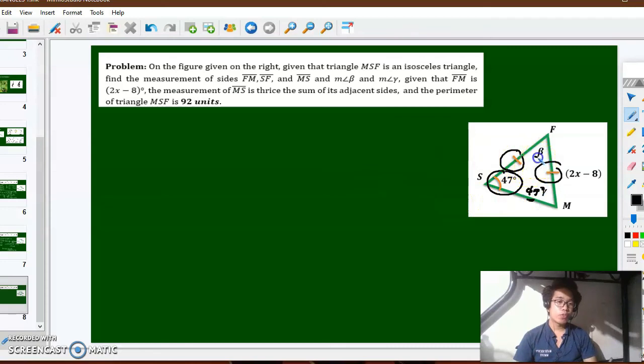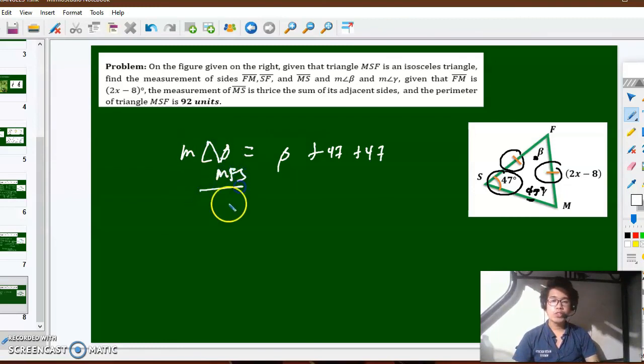So we can solve the value for beta right away, because we all know that the sum of the angles of a triangle is 180 degrees. Let's switch back to white. Beta plus 47 plus 47 degrees, I'm sorry, this is the measurement of triangle FMS, so it's 180 degrees, that's going to be beta plus 47 plus 47.